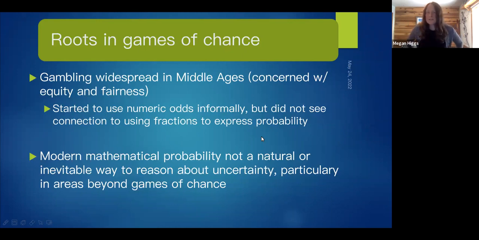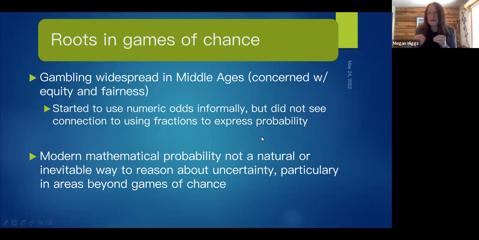Just stepping back for that timeline, the roots in games of chance really come from the fact that gambling was widespread in the Middle Ages, and people became really concerned with equity and fairness during that time. This led to using numeric odds, but it was pretty informal. There was no connection between odds and probability like we think about it today, in terms of fractions of events having a particular outcome.